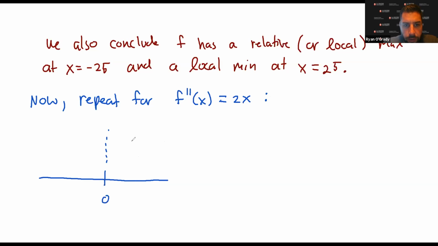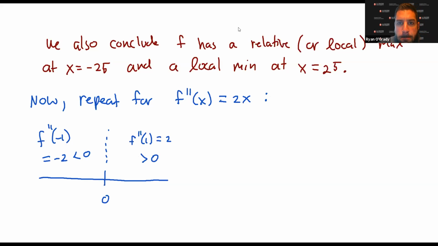When you're over here, say f double prime of 1, you get 2. That's clearly positive. F double prime of negative 1 is equal to negative 2. That's clearly negative. So this tells us we're concave down over here, and we're concave up over here.